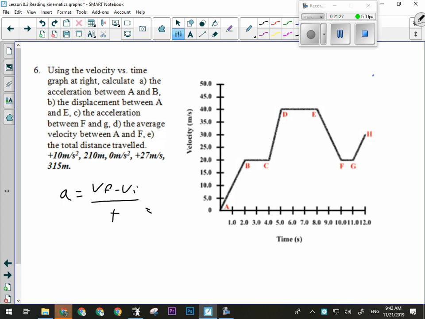So that means taking our final velocity, which is 20, subtracting our initial velocity, which is 0, so 20, divided by the amount of time, 2 seconds. It's 10 meters per second squared. All right, now remember that in part B, you are only asked to calculate the displacement between A and E, not all the way to the end. You only need to go this far.